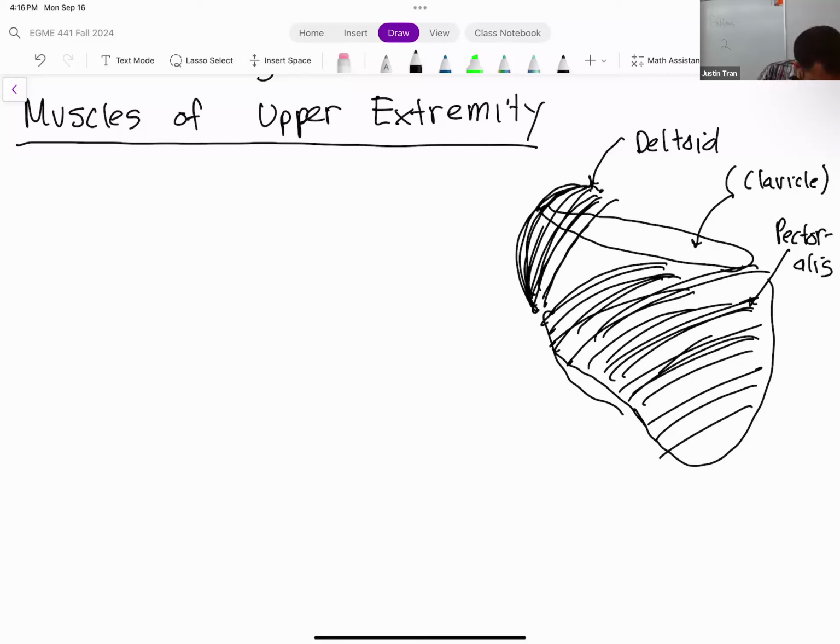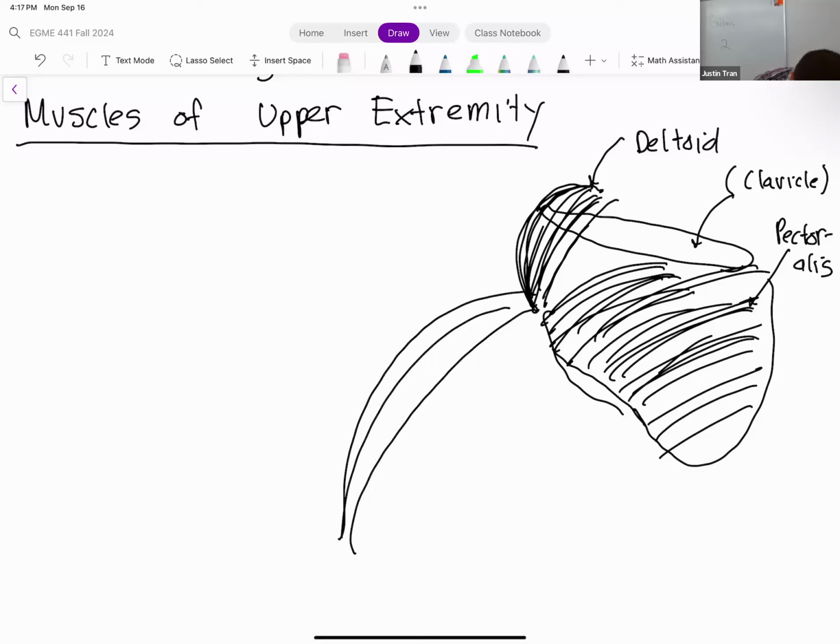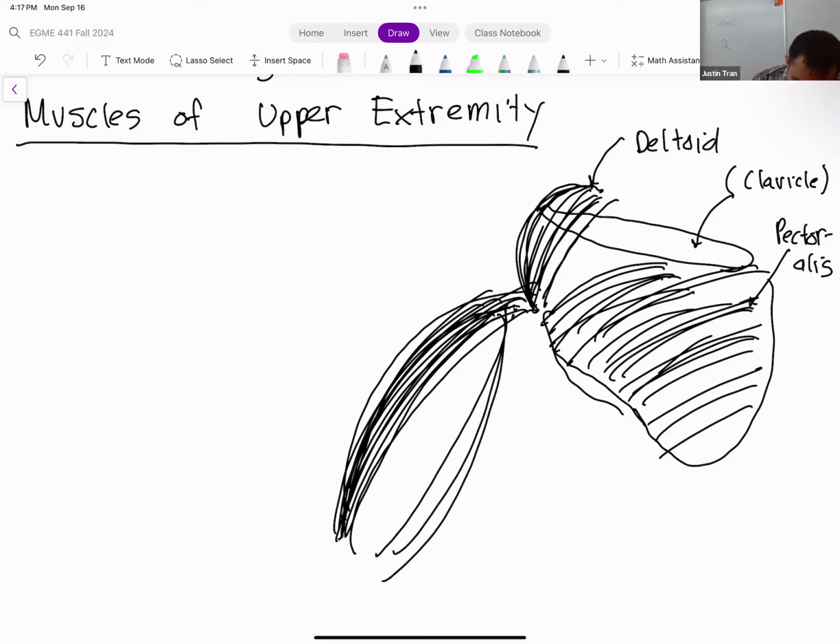Then we get to your upper arm muscles. There are three muscles in your upper arm that are all responsible for the same thing: your biceps brachii, your brachialis, and your brachioradialis. It's hard to tell them apart because they're all in the same area, but they all run parallel like this.